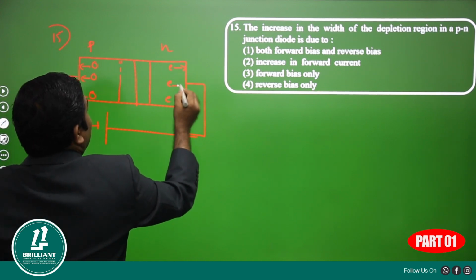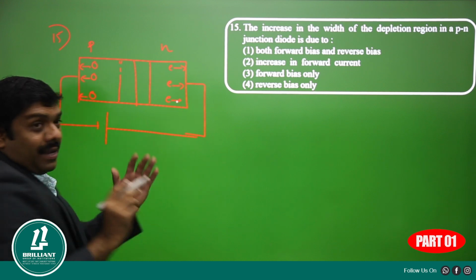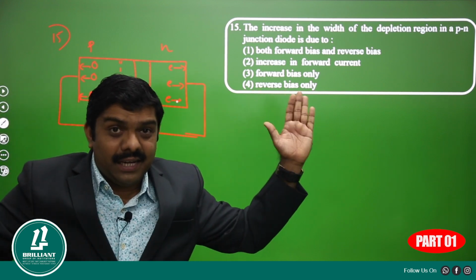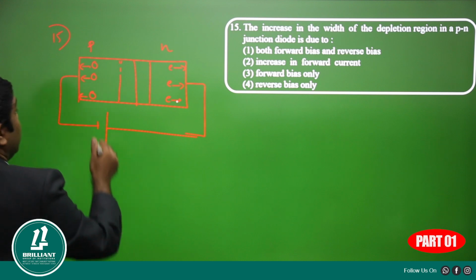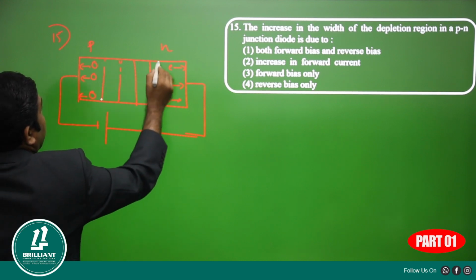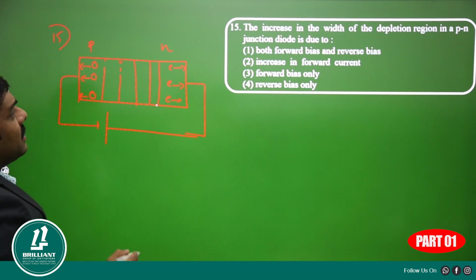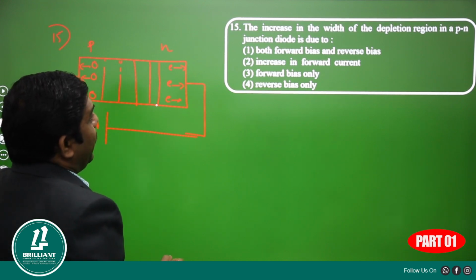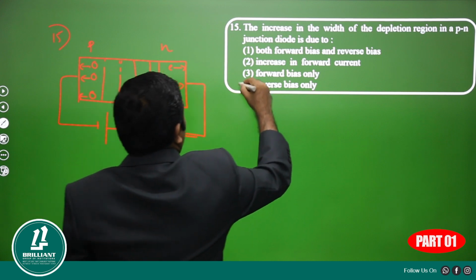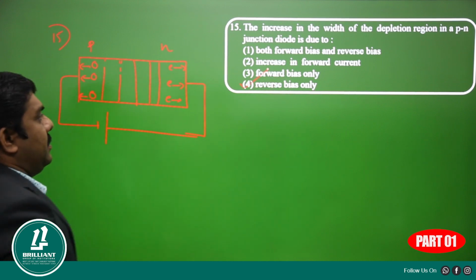Electrons are attracted to the positive terminal. As they are pulling away side by side, what happened to the depletion region width? Depletion region width increases. So the increase in width of the depletion region in a PN junction is due only to reverse bias.